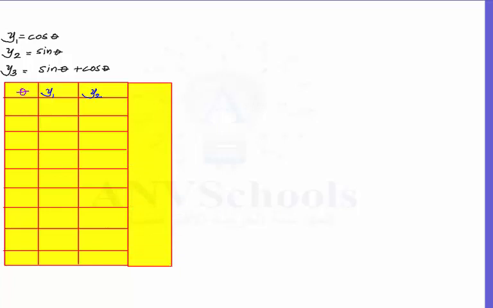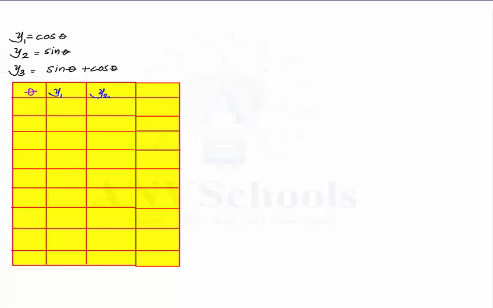We just need the horizontal lines to divide the column. So we are completing these strips, the cells, that contain the values of the parent cosine function, the sine function, and the combined sinusoids. So this is y3.